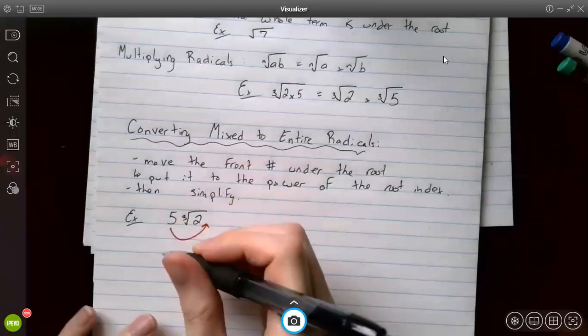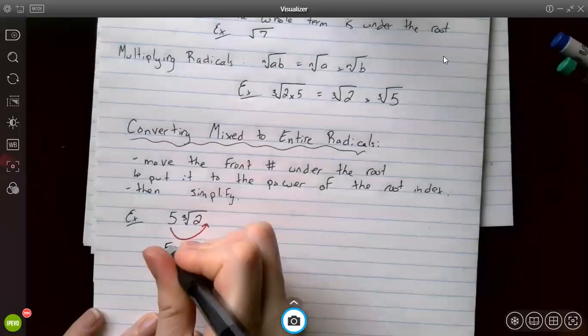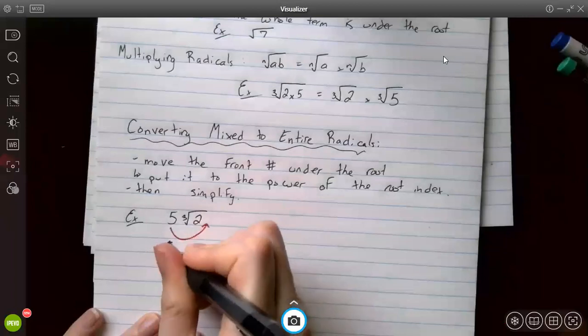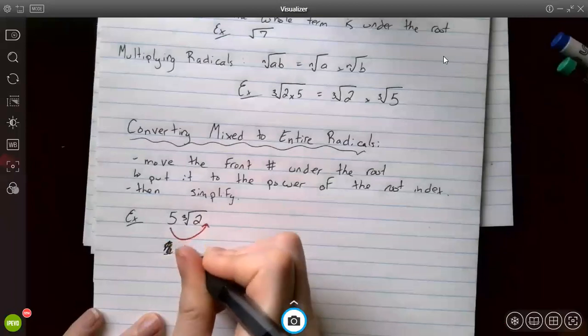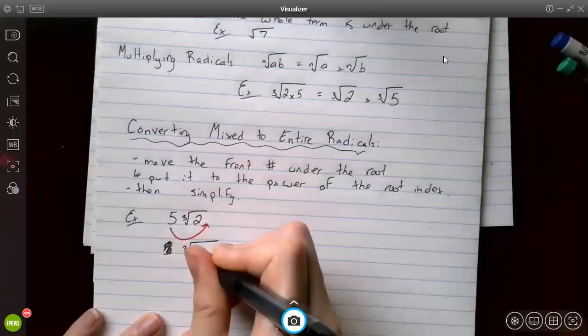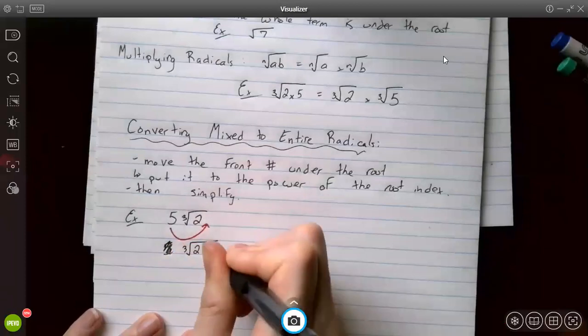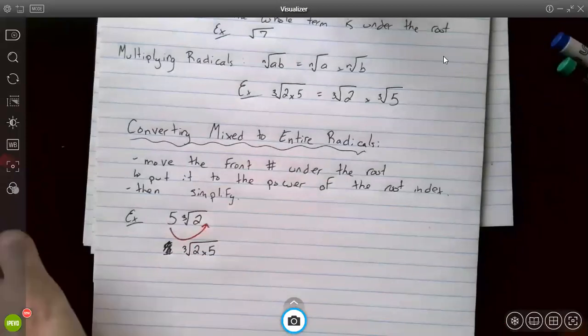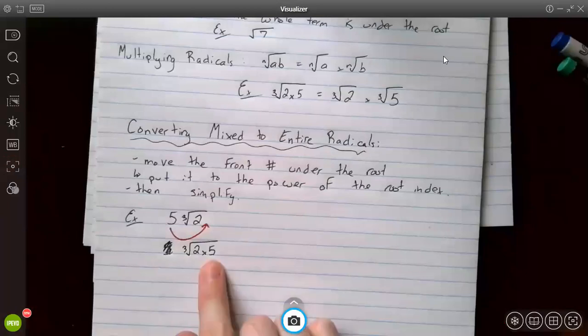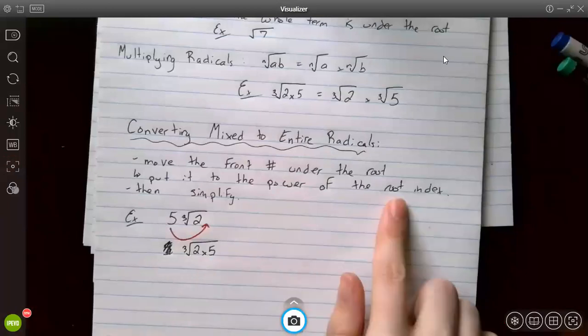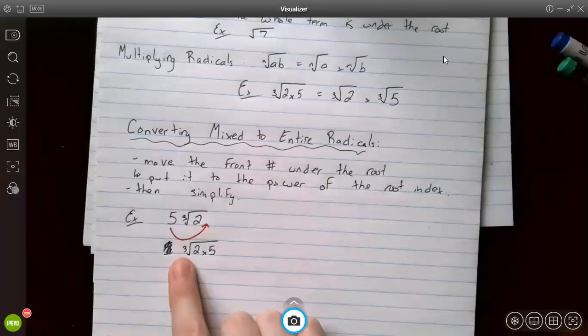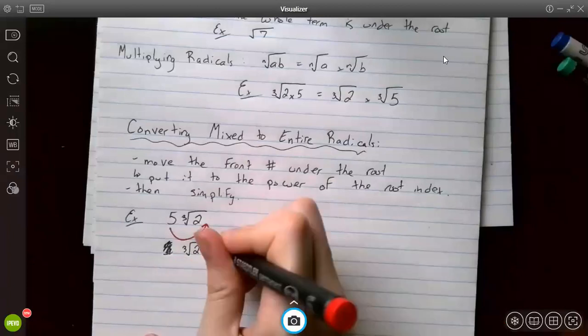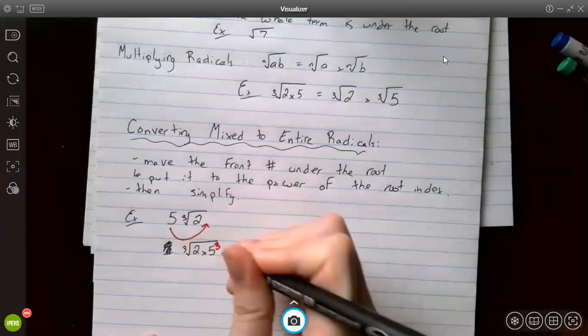Okay, so when we do that, we're now going to have the cubed root of 2 times 5, because I've moved the 5 underneath there. And when I do that, I must put the 5 to the power of the root index. This root has an index of 3, so I'm going to put 5 to the power of 3.